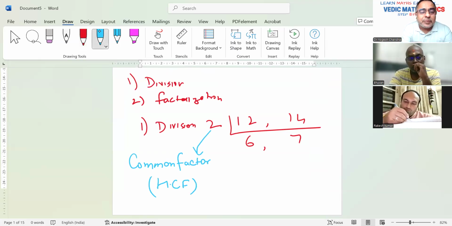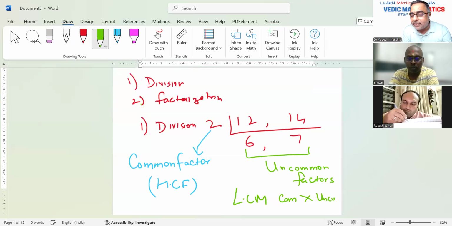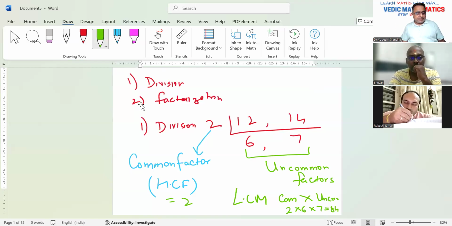Now these are both uncommon factors. And LCM is always common factor into uncommon factors. So 2 into 6 into 7, 84 is my LCM. Any doubt?